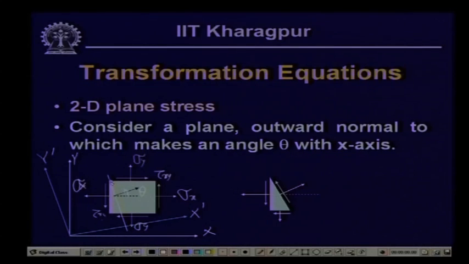If we take out this particular wedge and designate these as say A, B and C, the stresses acting on this part are sigma x, the normal stress on this surface, sigma y, the shearing stress tau x y, and, this being the x dashed plane, the normal stress on this plane is sigma x dashed, and correspondingly the shear stress is tau x dashed y dashed.